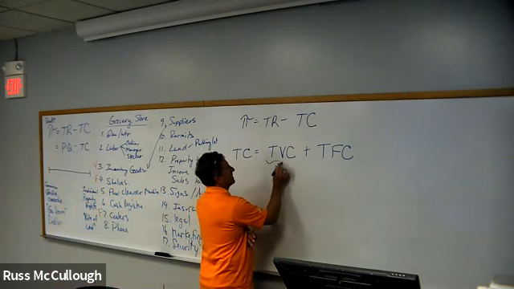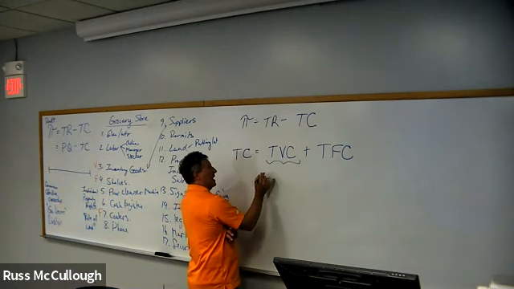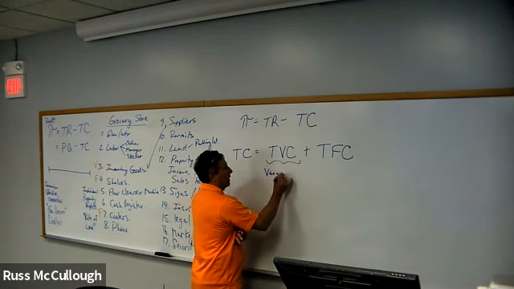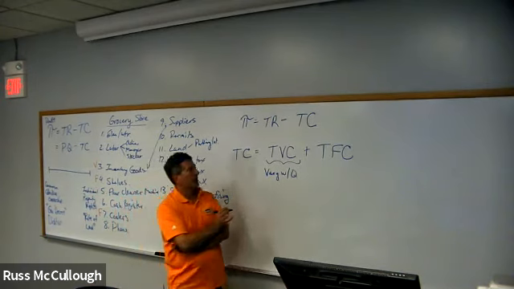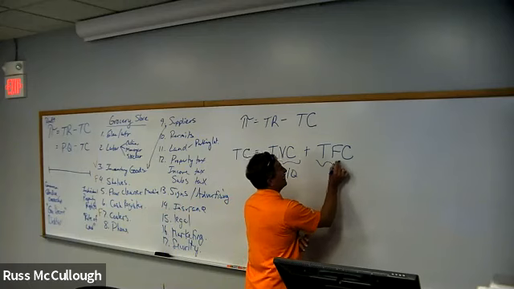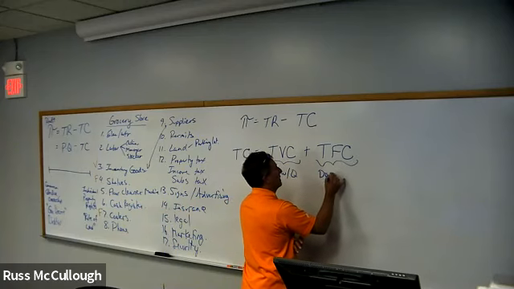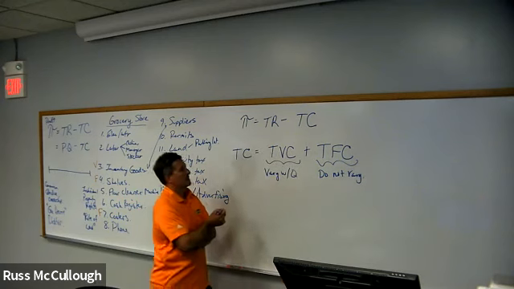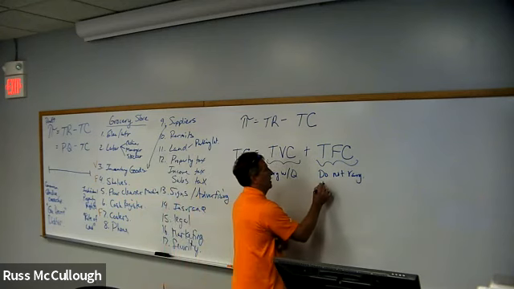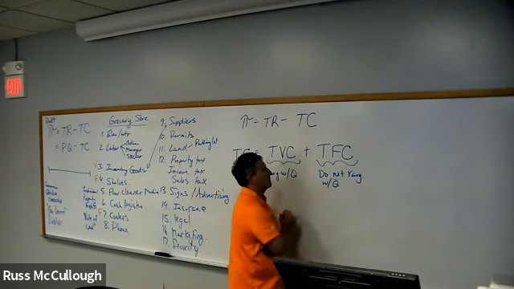And the definition is simple. Variable costs vary with quantity. Fixed costs do not vary with quantity sold.